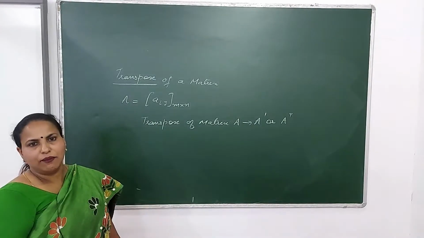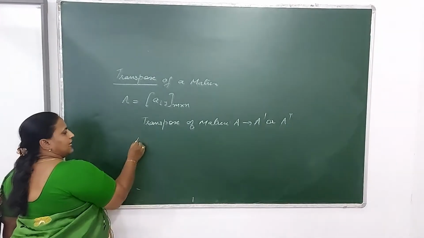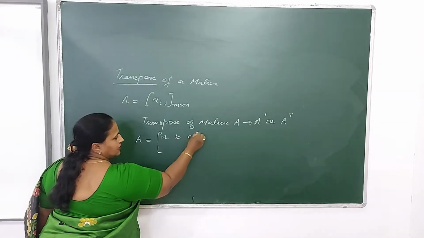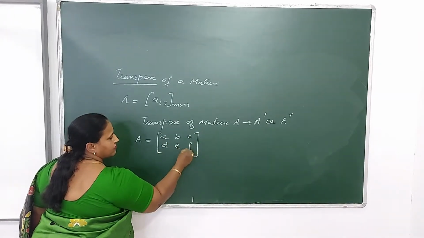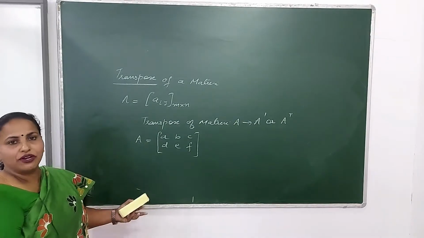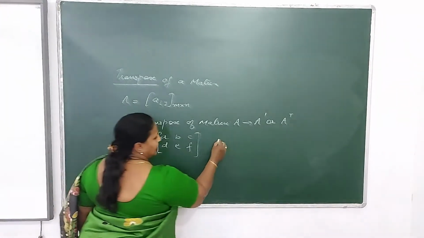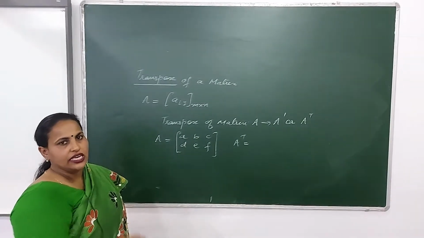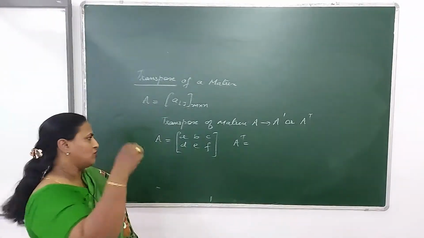Let us take an example for this. Let A be a matrix A, B, C, D, E, F. Then how to write down the transpose of this matrix? It's quite simple. You need to change either row to column or column to row.